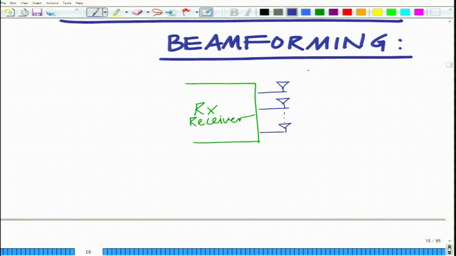Each of these is an antenna, and you have the signals that are coming with various channel coefficients.